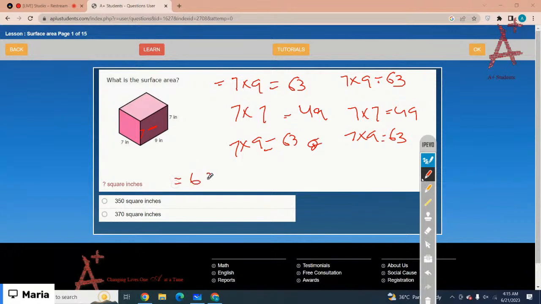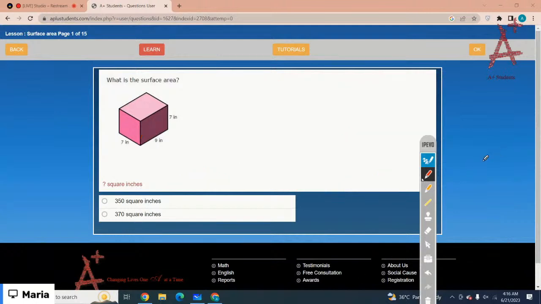So for the surface area, you have to add up all the areas of the faces. Let me just add them. 63 plus 63 plus 49 plus 49 plus 63 plus 63. So the sum of all the values equals 350 square inches. Option number 1 is the correct option.